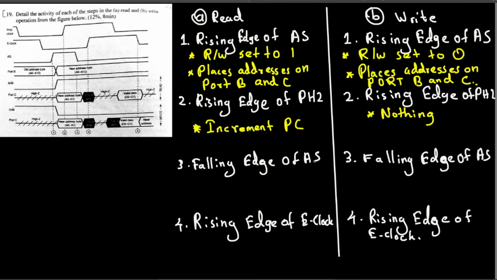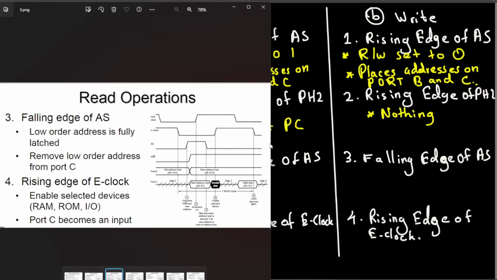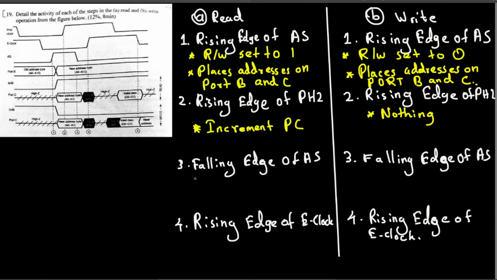Okay, the next one is the falling edge of AS, for read and write. At the falling edge of AS, it mentions the low order address is fully latched. Remove low order address from port C for the read operation.